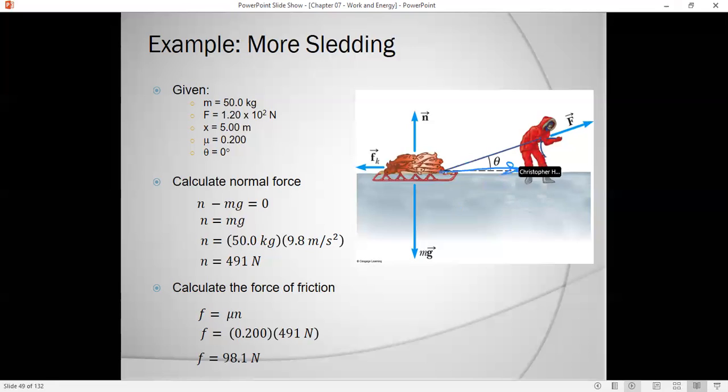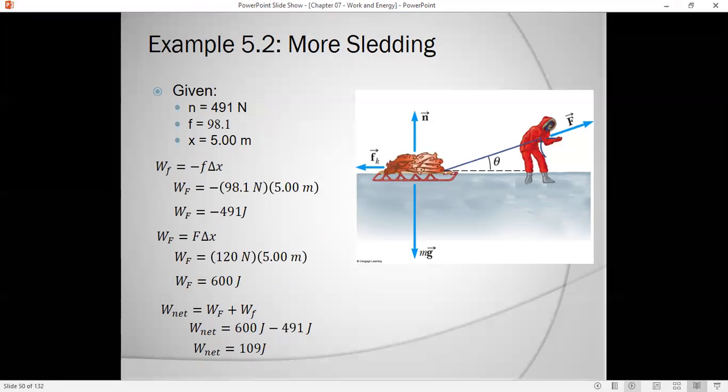We'll do it when there is no vertical component. I'm jumping ahead of myself. Calculate the normal force. The normal force is equal to the weight, 491 newtons. We multiply that times the coefficient of friction, and voila, we have 98.1 newtons of frictional force pulling against us.